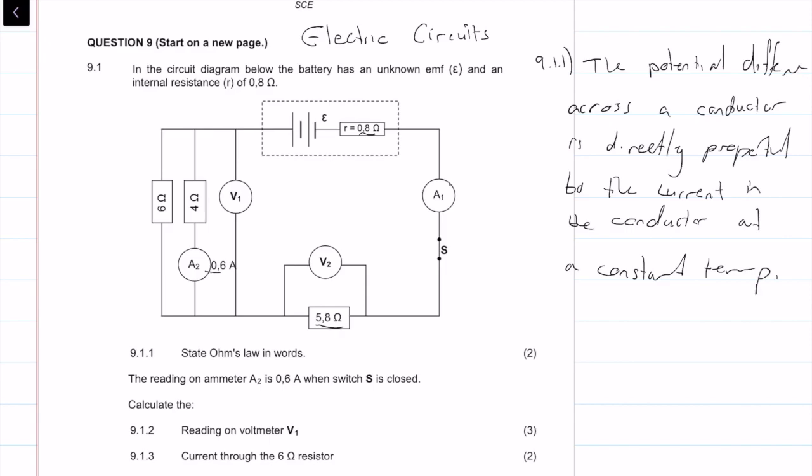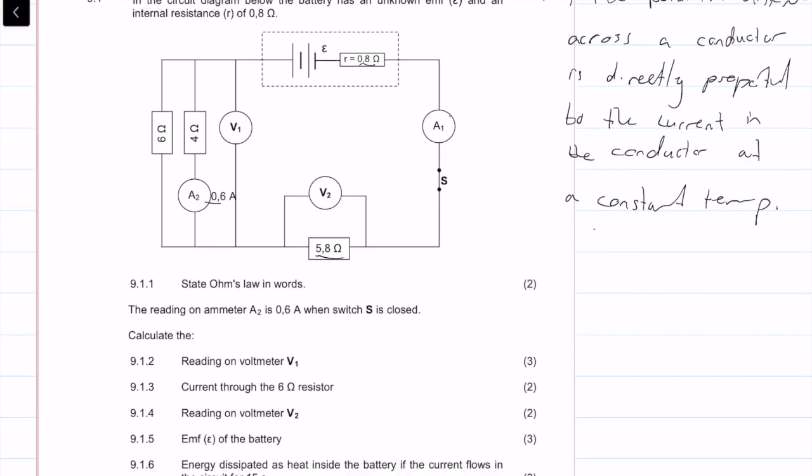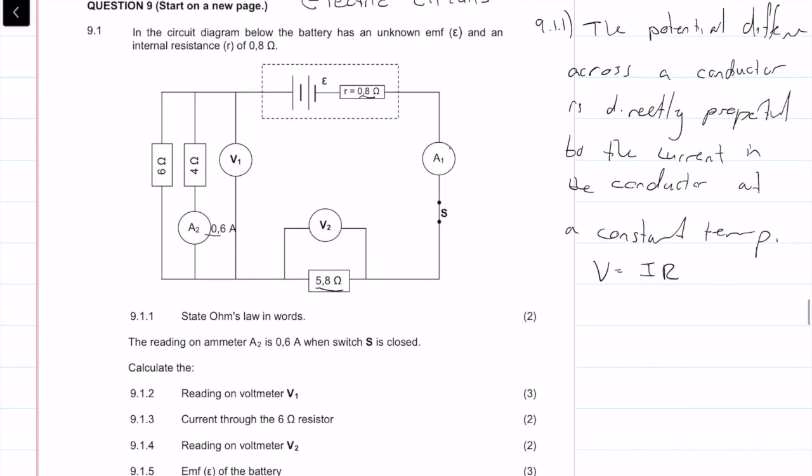The equation we get out of that is V is equal to IR. This is the governing equation for Ohm's law, and we get ourselves 2 marks.